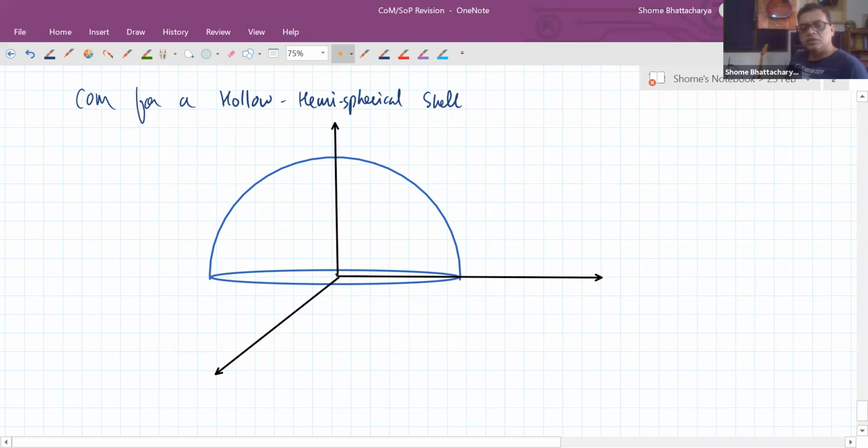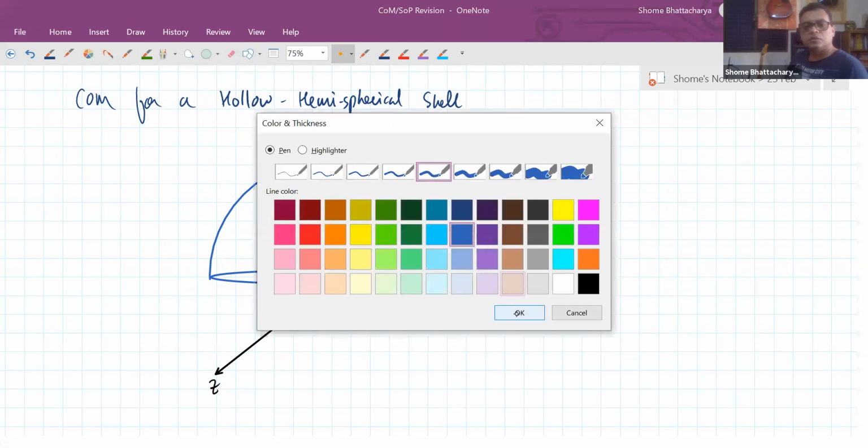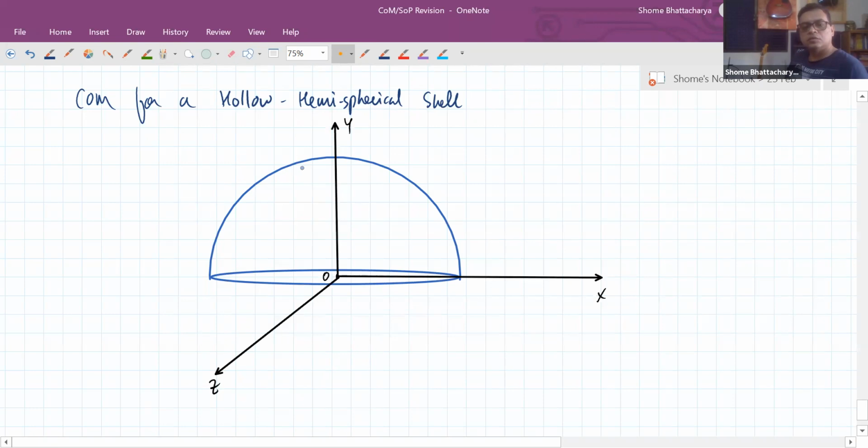So again, let's take our origin of our coordinate system at the center of curvature of the hemispherical shell, and the y-axis as the axis of symmetry. So you can see the mass distribution is on the surface like this.